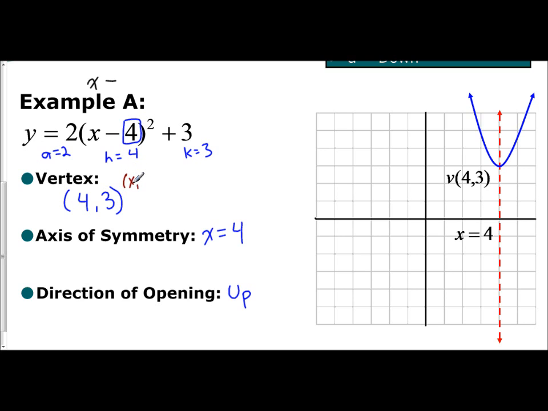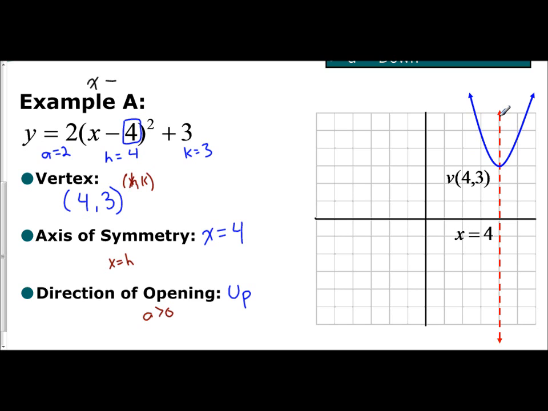Your vertex is (h, k), (4, 3). Your axis of symmetry is x equals h, x equals 4. If a is positive, the graph is opening upwards. A was 2. So I have my vertex, my dashed line to represent my axis of symmetry, and my graph is opening upwards.